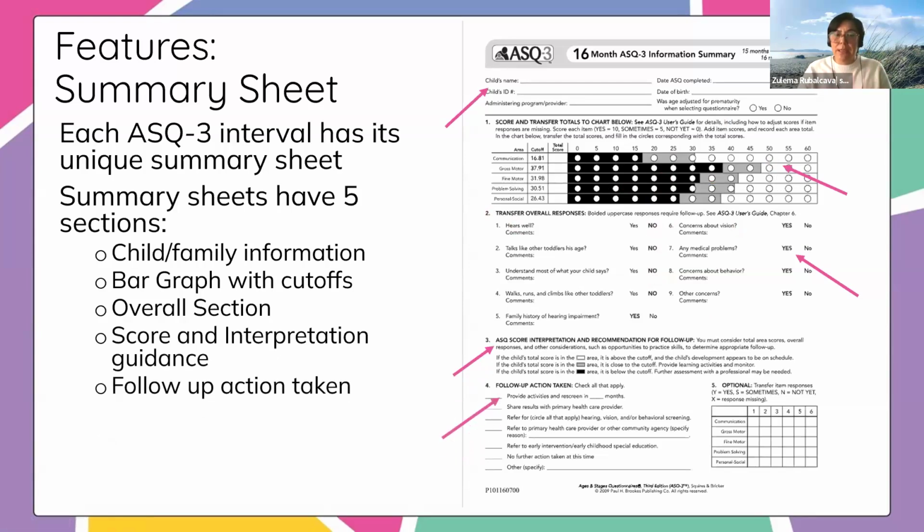So we can start to have some of those ideas of like, oh, it looks like this child might benefit from talking to their healthcare provider, right? Or this child might benefit from a referral to early intervention. So we can start to see, and this also helps us track those trends over time, right?